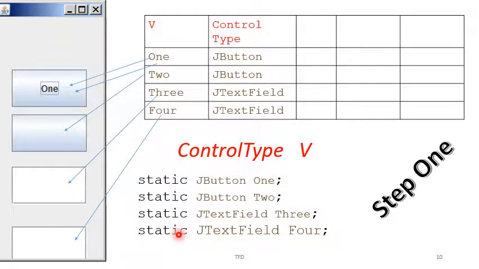When you go to the TFD document that I've described elsewhere, this is step 1. So I define a set of steps for getting a control properly on the screen. This is the first one, the Java declaration.